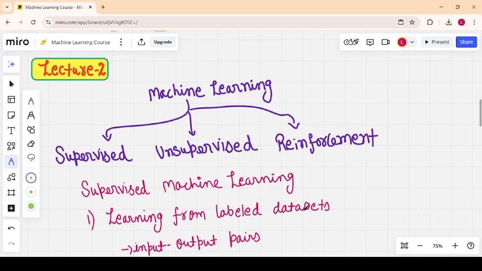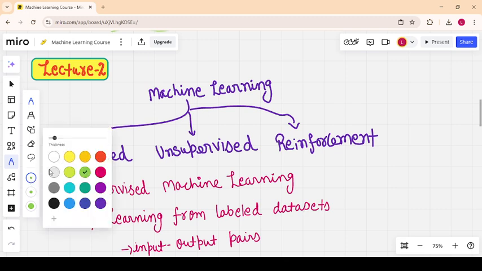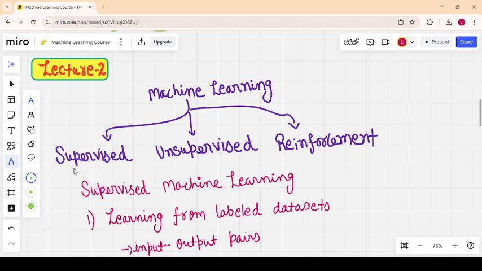First is supervised machine learning, second is unsupervised machine learning, and third is reinforcement machine learning. In this lecture, I will discuss only supervised machine learning. The other two types I will discuss in upcoming lectures.